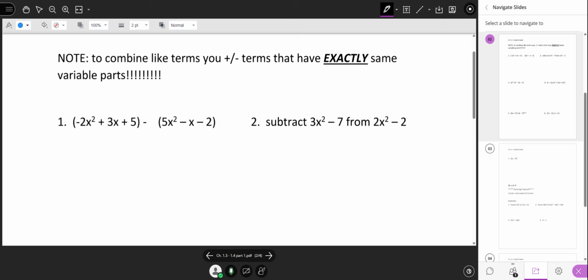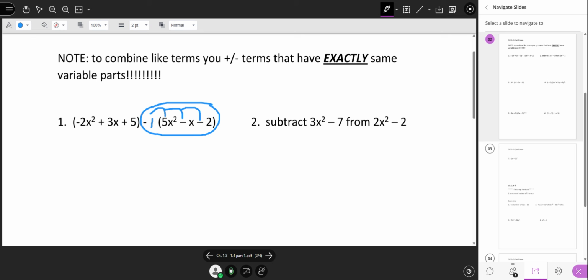So with this problem right here, notice that it says minus. So I have to consider this part of it first.